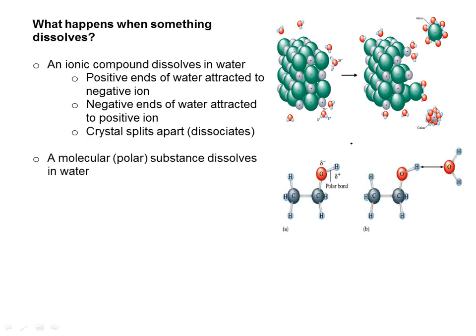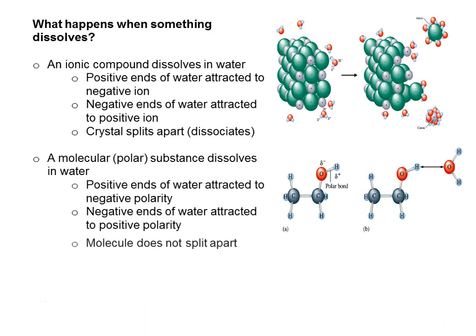A molecular substance is also polar, but it's found more as a molecule as opposed to an ionic compound. And again, in other chapters we'll further define that. But a polar substance that's not an ionic compound, which we also know will dissolve in water, dissolves by a slightly different mechanism.